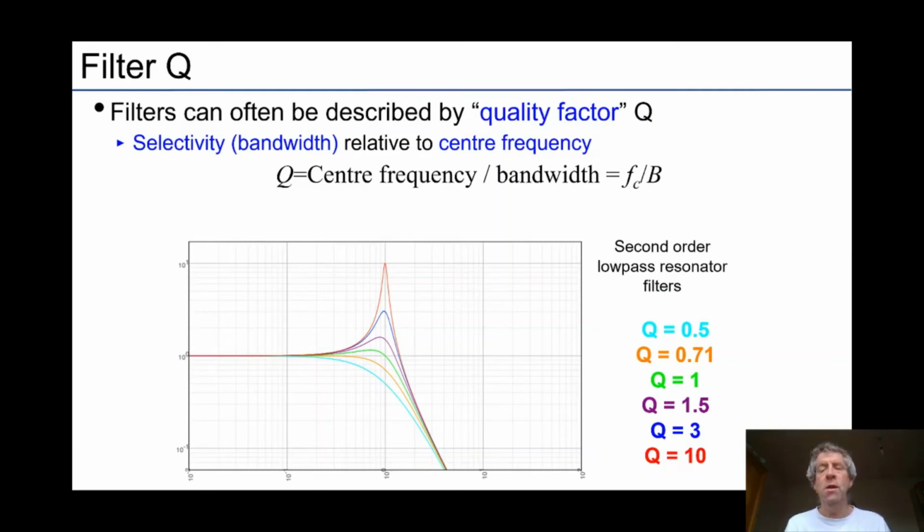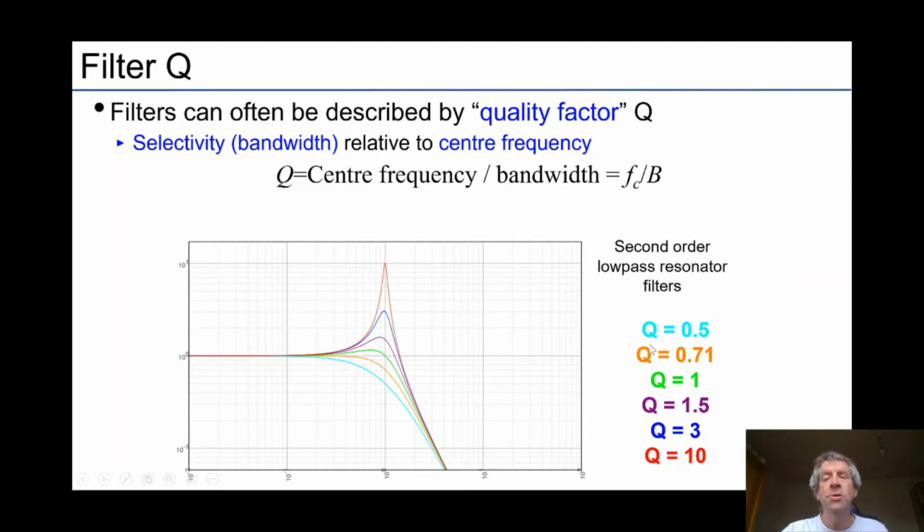Essentially, when Q is very low, whatever is the transition, whatever is the sharp, peaky behavior we're trying to produce, it's a very broad or slow transition. When Q is very high, then you get a sharp peak in the behavior if you're trying to establish something like a resonance, or you're getting a very steep transition. So it can look more like those idealized filters that we showed previously.